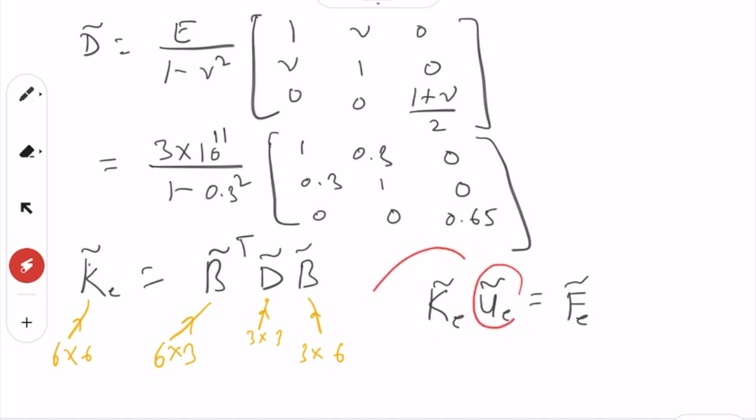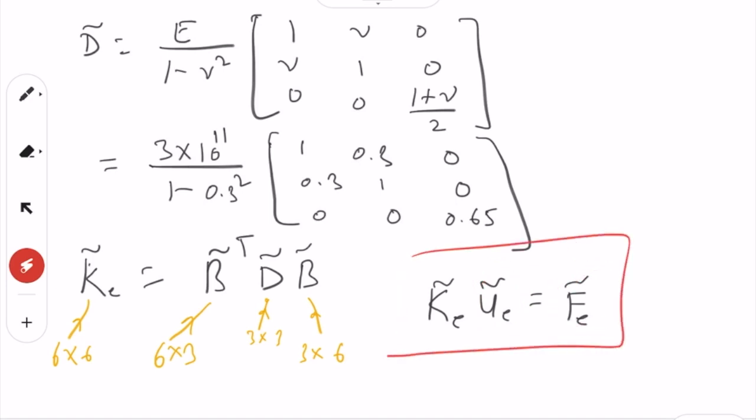We know what this is, we know what this is. We have the matrix system now. The only thing remaining is how to solve it.